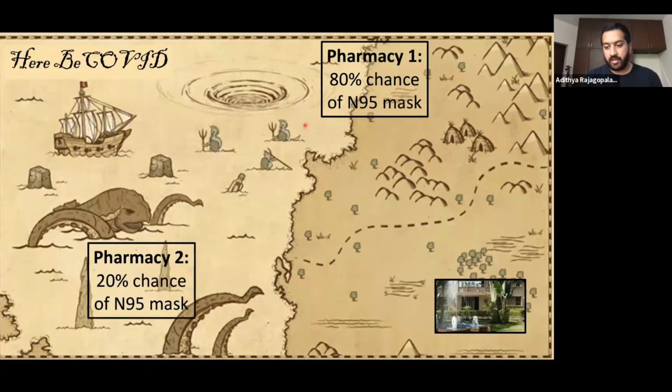So in the early days of COVID, if you were looking for an N95 mask, for example, you would potentially have to find the two nearest pharmacies available and estimate how likely you were to find these masks. For example, over time, you came to understand that you had an 80% chance of finding a mask at pharmacy 1, whereas you only had a 20% chance of finding a mask at pharmacy 2 whenever you went to each of these options.